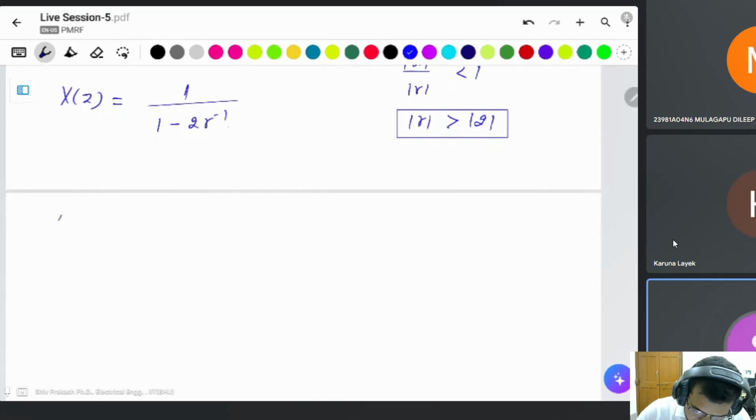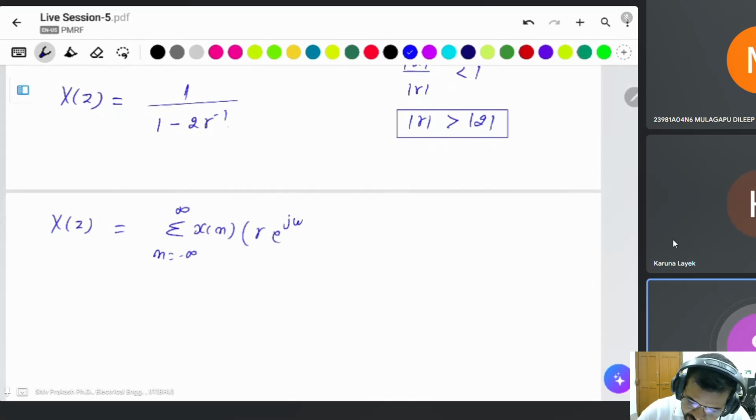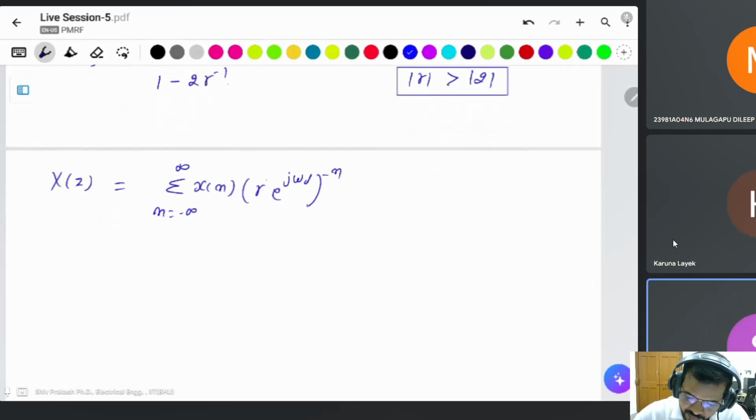Then X(z) will become, if you add the r, n is equal to minus infinity to infinity x[n] into r e to power j omega d, e power minus of n, because this will be r power minus n, this will be r power n, this will be minus here, that's why this will be minus of n.